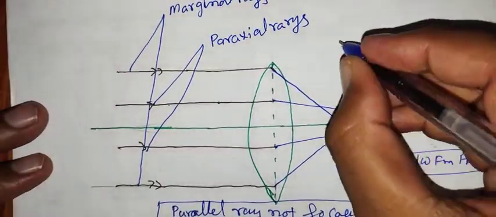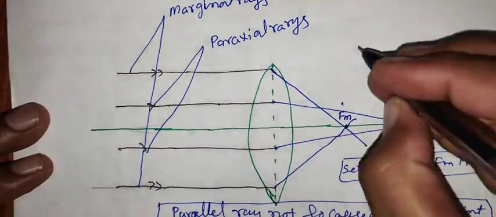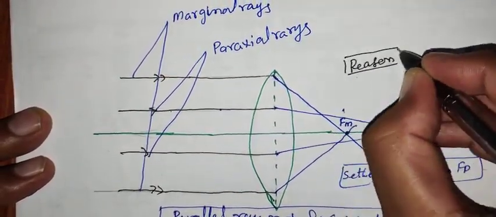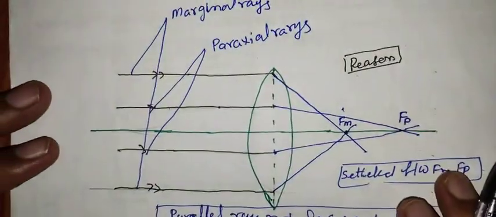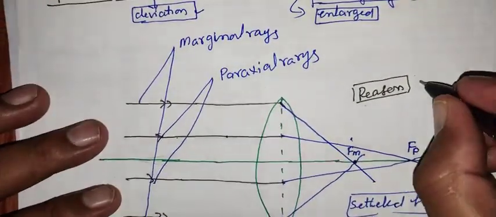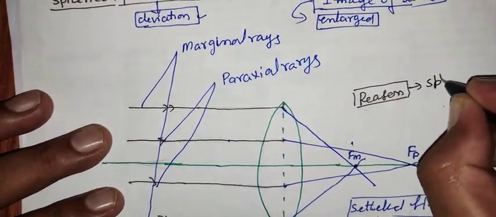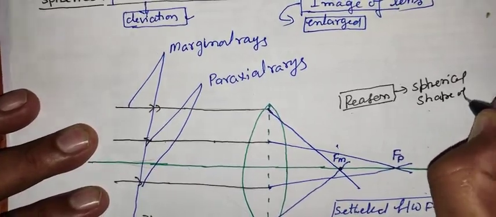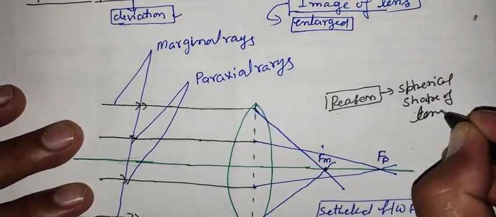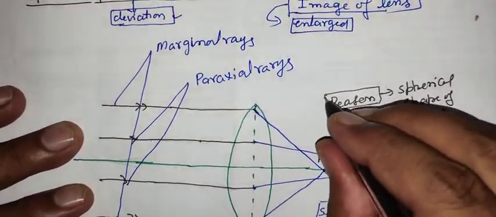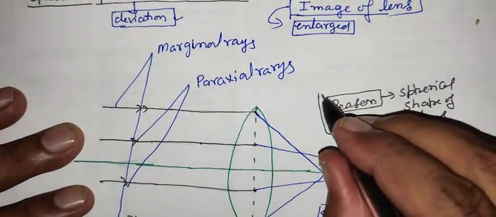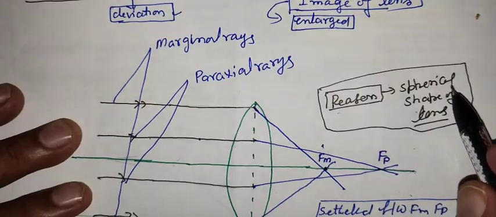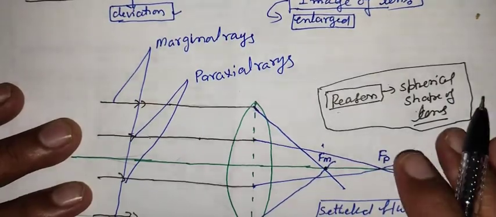See the reason behind the aberrations. It is due to the spherical shape of the lens. The main reason behind this defect in the image obtained is the spherical shape of the lenses.